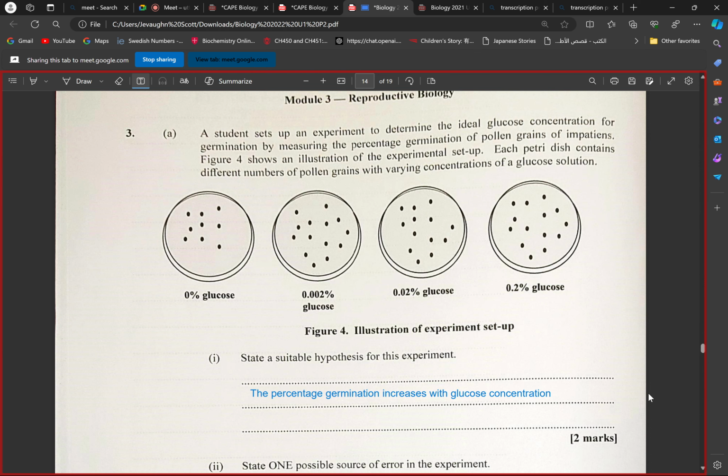What are the differences between responding variables and independent variables? Sir, could you repeat the question? What are the differences between independent and dependent variables? The independent variable is basically what you're changing in the experiment, and the dependent variable is what you're measuring.